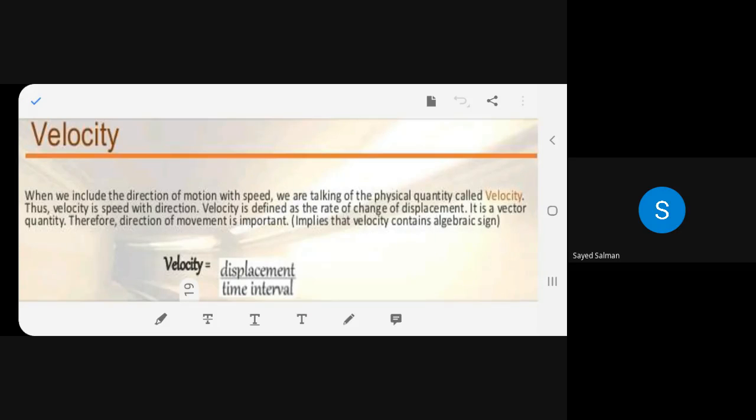Can we include the direction of motion with speed? We are talking of the... Hello? I can't hear you. Can anyone start reading?